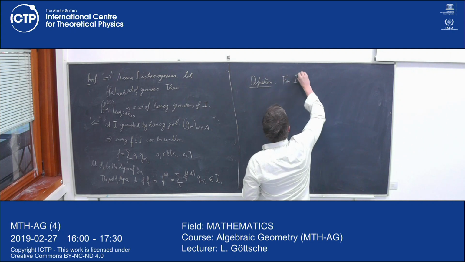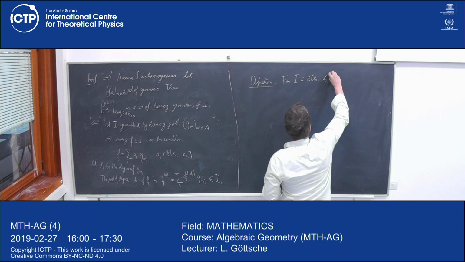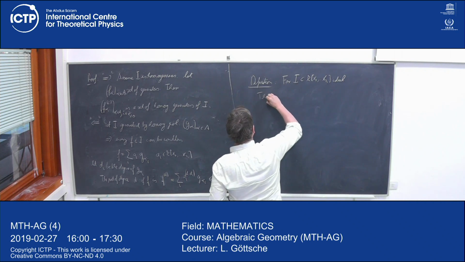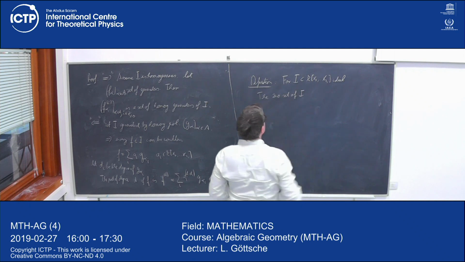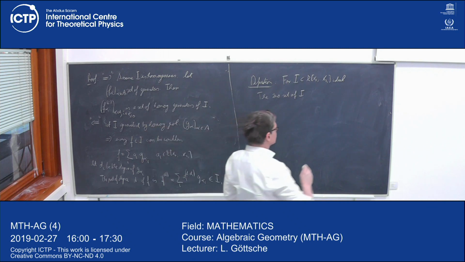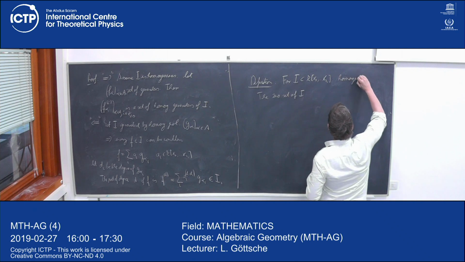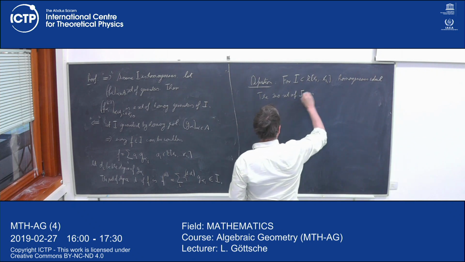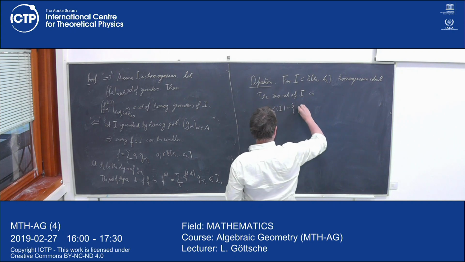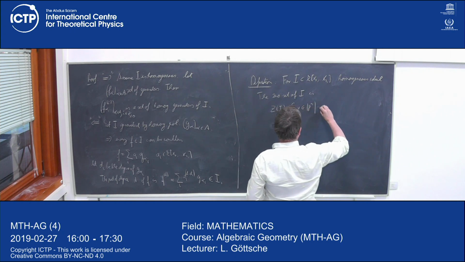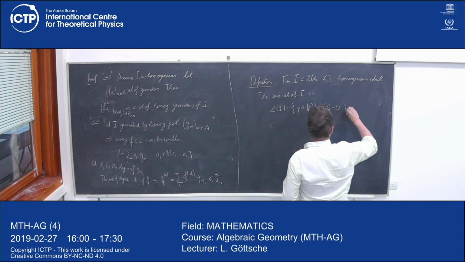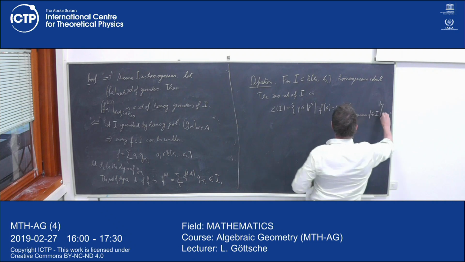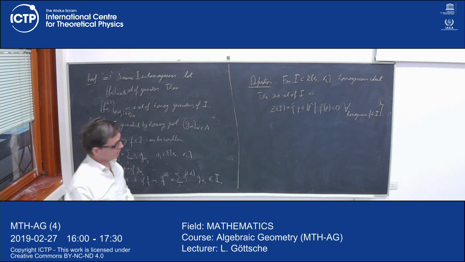For I in K[x_0 to x_n] a homogeneous ideal, the zero set of I is Z(I), which is the set of all the points P in P^n such that f(P) is equal to 0 for all homogeneous f in I. Only take the zero set of the homogeneous elements, not of all the elements.